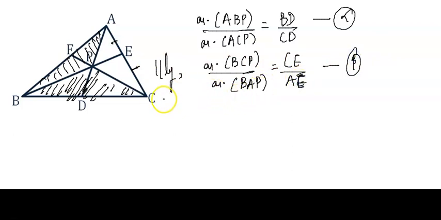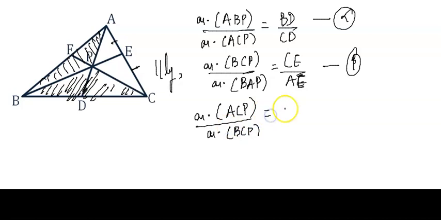And again we can take the area of ACP upon the area of BCP, which will be equal to AF upon BF. Let us call this gamma.